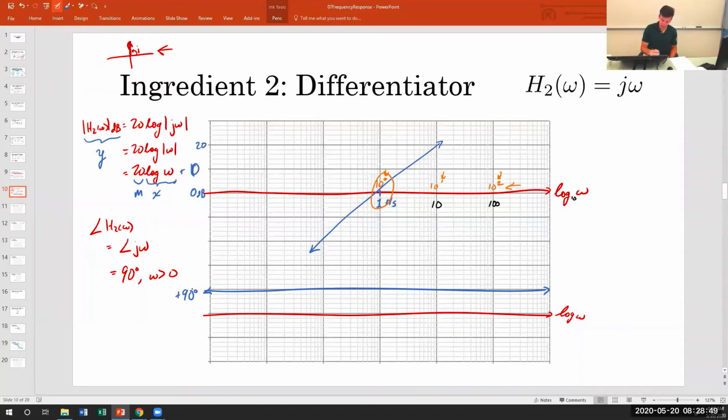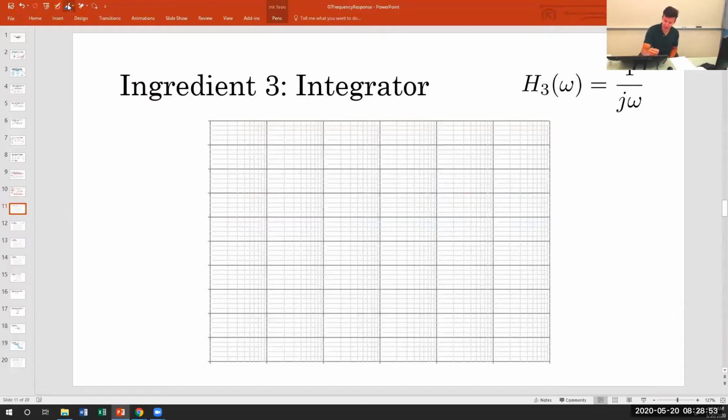All right. So if you can do a differentiator, you ought to be able to do an integrator. Let's talk about that. The magnitude of H3 in dBs is the 20 log of the magnitude of 1 over j omega, which is 20 log of magnitude j omega to the minus 1.